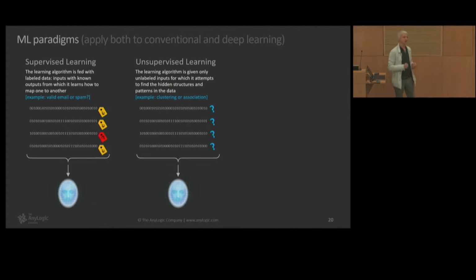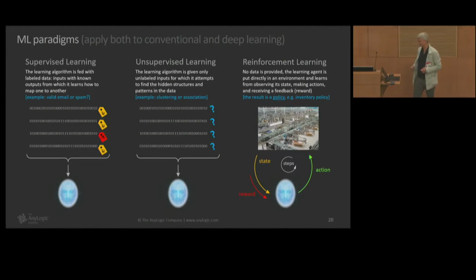This is what's called supervised learning. Then there is unsupervised learning, where I just feed unlabeled data. And then a typical task for AI would be to uncover some hidden structures there and do things like, for example, clustering. And then there's reinforcement learning, and this is actually where, as you will see, the simulation will play the biggest role.